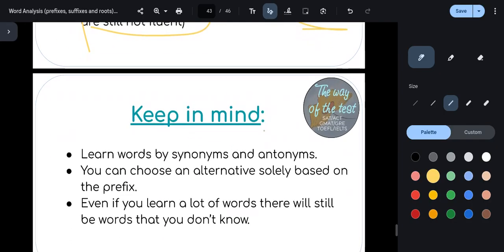Also, keep in mind, you want to learn words by synonyms and antonyms. When you are analyzing these words and learning new words, try to learn by synonyms and antonyms. This is in general, not just for word analysis. Try not to learn words by full definitions, because the brain doesn't really care that much about definitions.